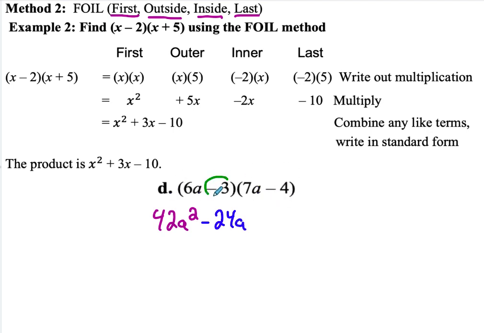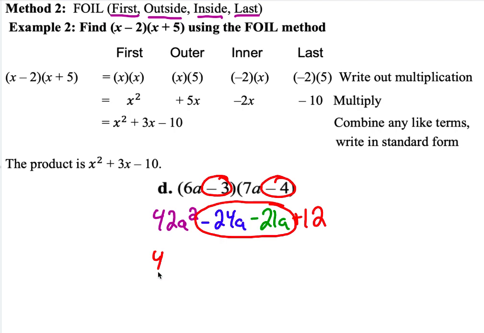Then we do the inside terms, -3 times 7a is -21a. And then we do the last. -3 times -4 is +12. Combine like terms, they tend to be in the middle, and we get 42a squared minus 45a plus 12.